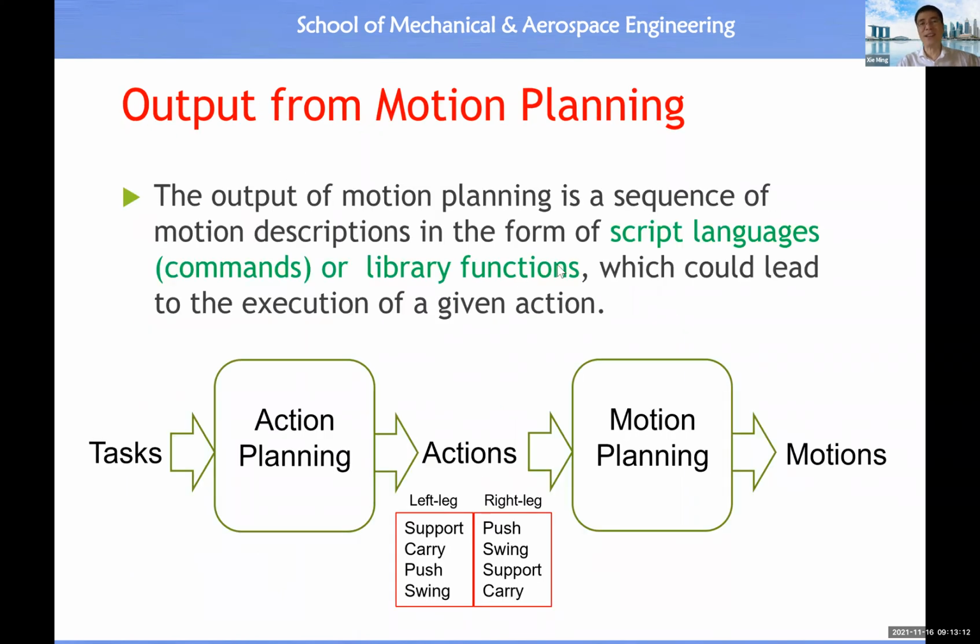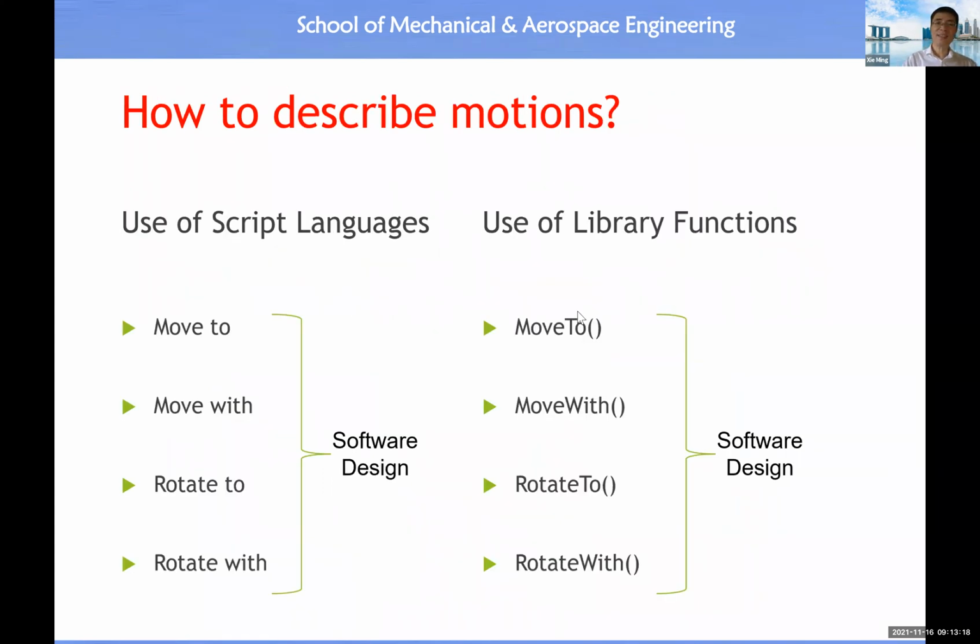Here is already tell you we describe motion in the form of a script language, library function. Then I just repeat again, just to reinforce your idea about the simplicity at this level, or the detail towards the technique side, in terms of motion description. So we have two solutions. One is to use the script language to describe the motion to be performed by robot.